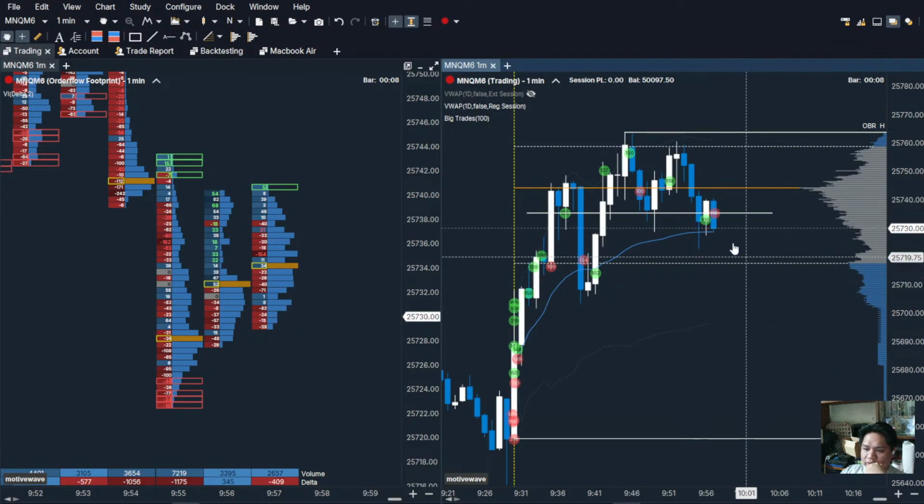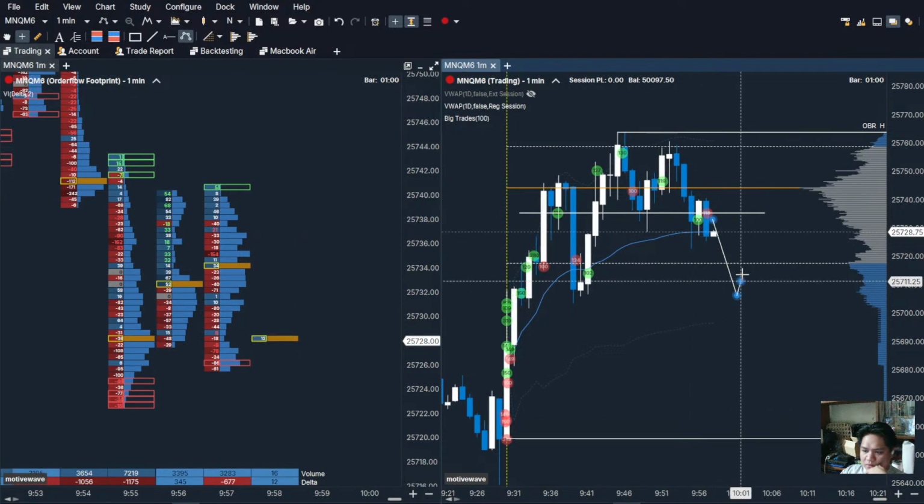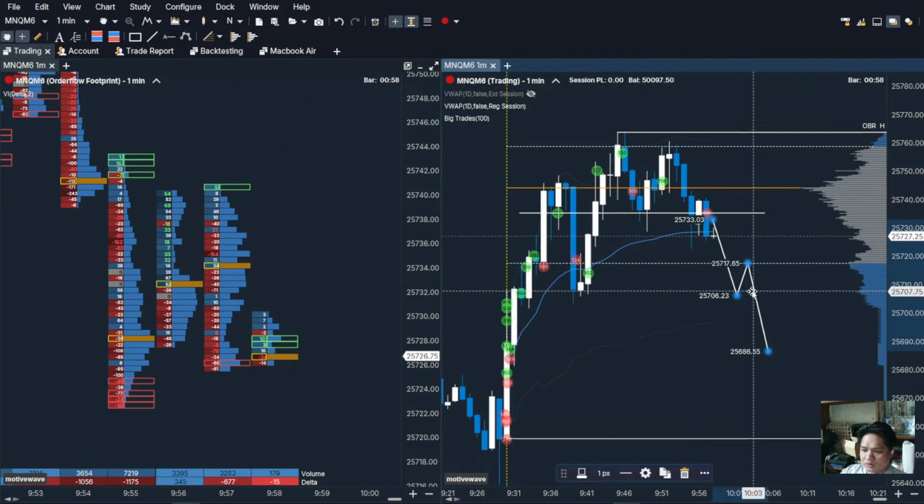We're already at the value yellow, so the only time I want to take the trade from here is if I see it go below the value yellow, then go down like that.